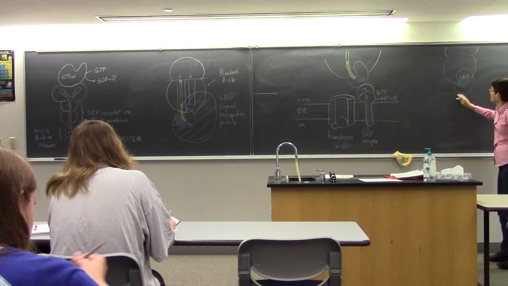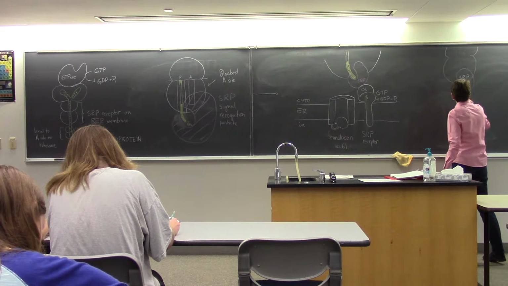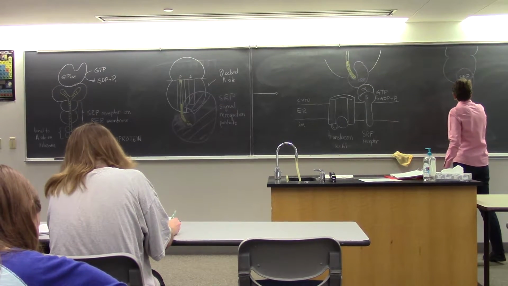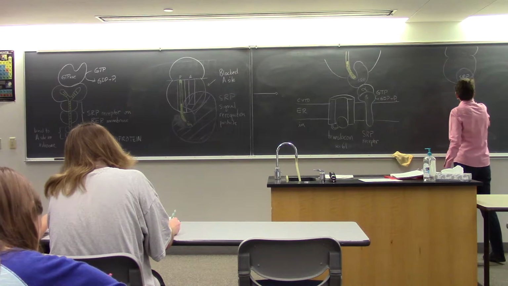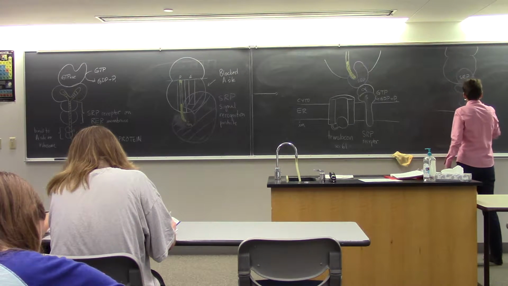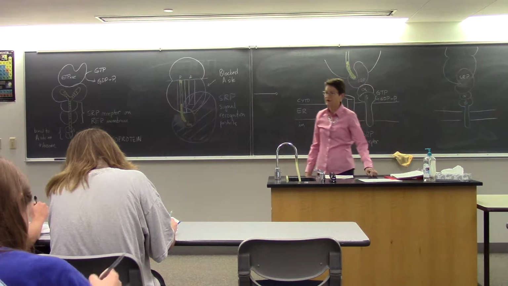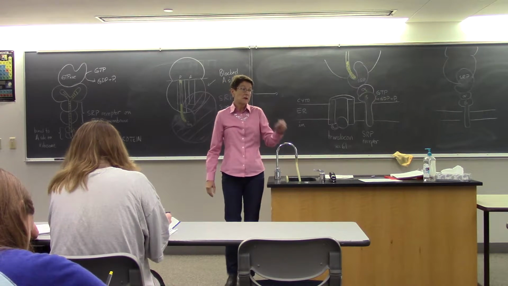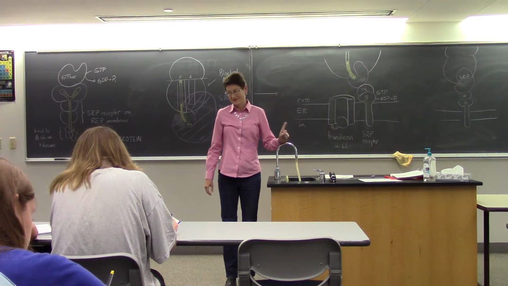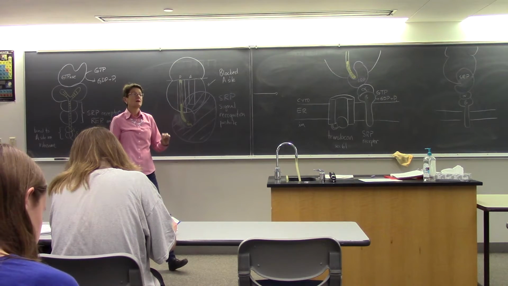This is not part of the main pathway, but it could also happen. And it could deliver an empty ribosome to the ER. Okay? However, this is not likely. Okay, it's possible, but not likely.